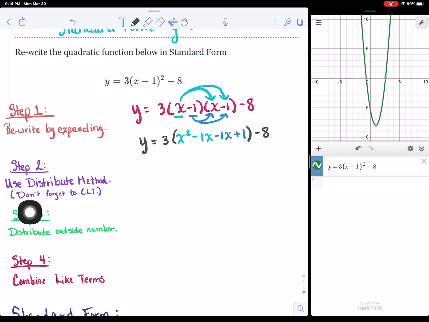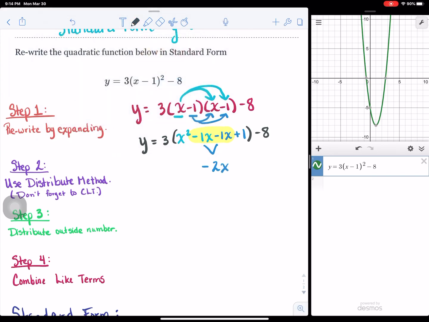Now on step number 2, do not forget to combine like terms, CLT. Inside the parentheses, if you noticed, we're able to combine those two. When we combine those two, negative 1x minus 1x gives you negative 2x.